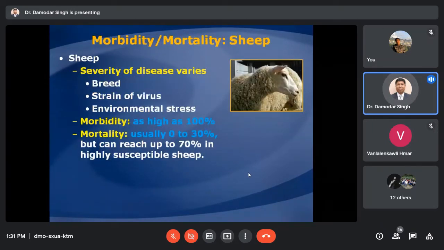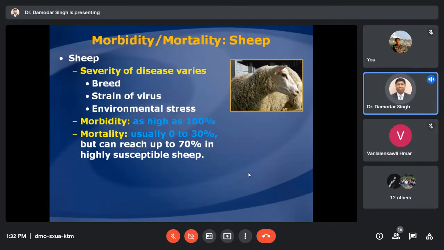Then coming to morbidity and mortality, as in the case of sheep, the disease may be a very severe form, but the severity may depend upon factors like the breed, the strain of the virus, as well as the environmental stress condition of the animal. So depending upon this, the severity of the disease may be variable. The morbidity used to be very high, as much as 10%.